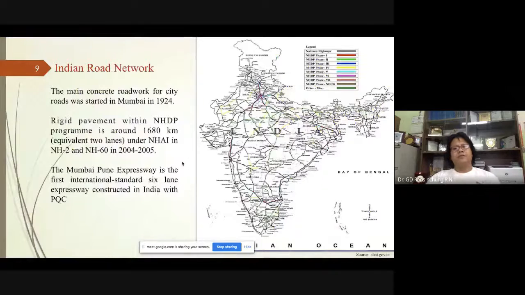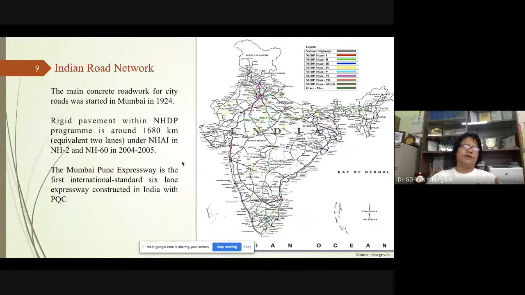Coming to the Indian road network, the main concrete networks for city roads were started in Mumbai in 1924. Rigid pavement within the NHDP program is around 1,680 kilometers, equivalent two lanes, under NH1, NH2 and NH60 in 2004-2005.